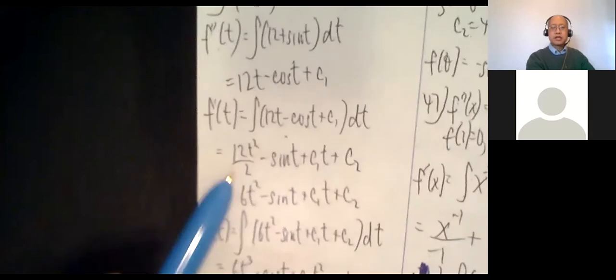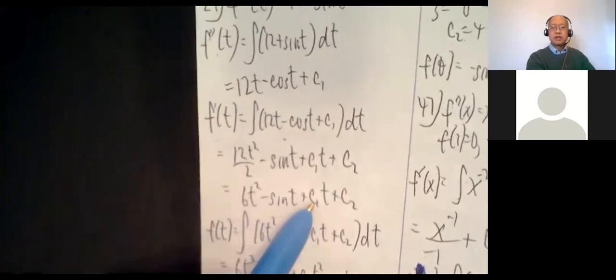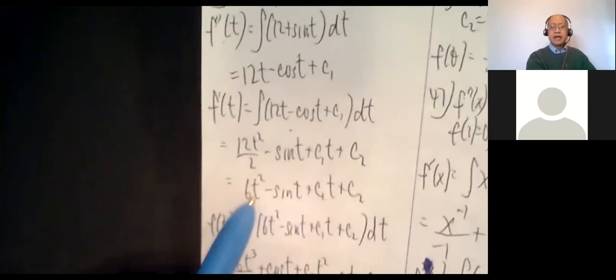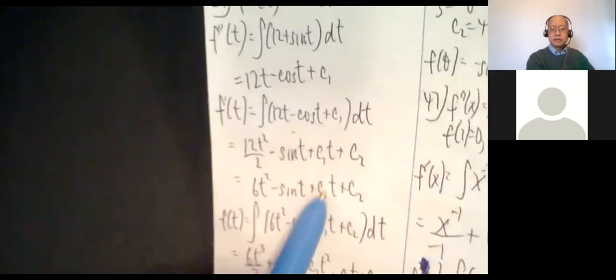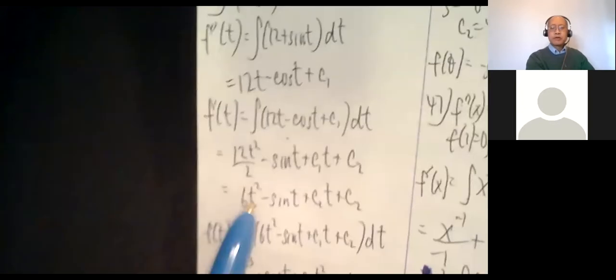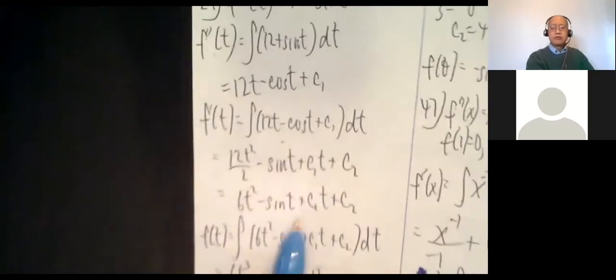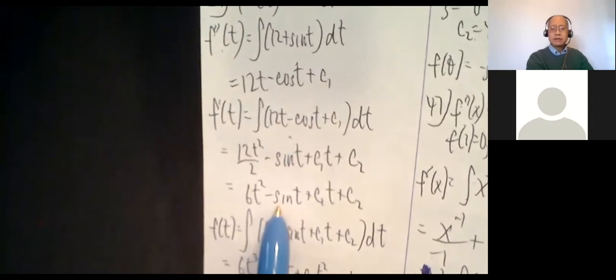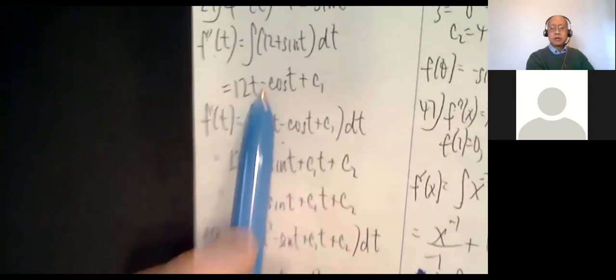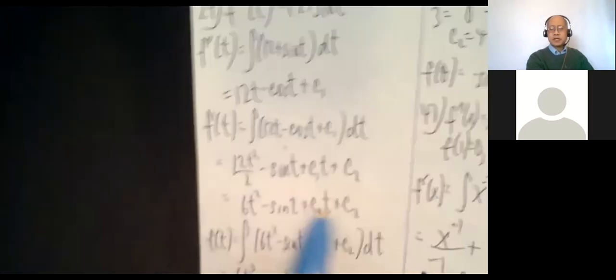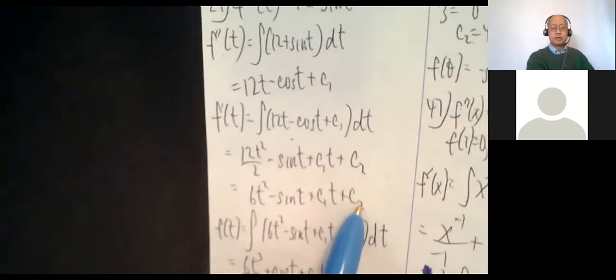And of course, clean this up to 6t squared minus sine t plus c1t plus c2. Again, double check. What is the derivative of this? The derivative of 6t squared is 12t. Derivative of negative sine, negative cosine. Derivative of c1t is c1, and the derivative of c2 is 0. So it definitely works.